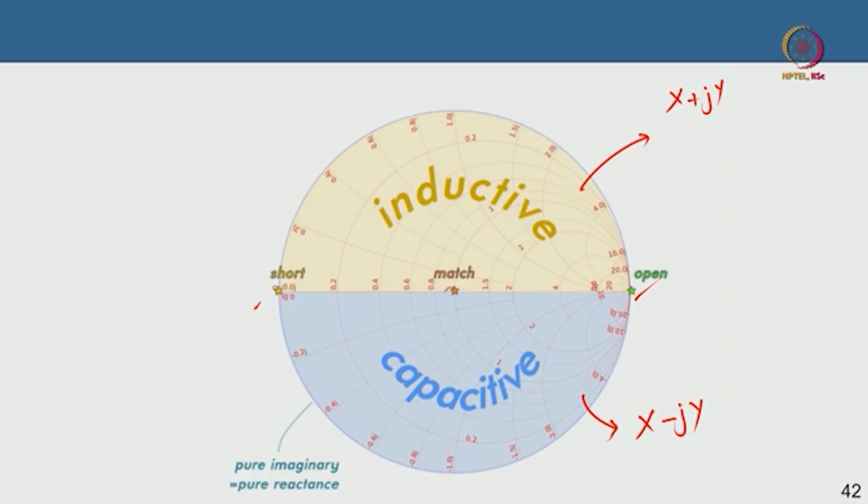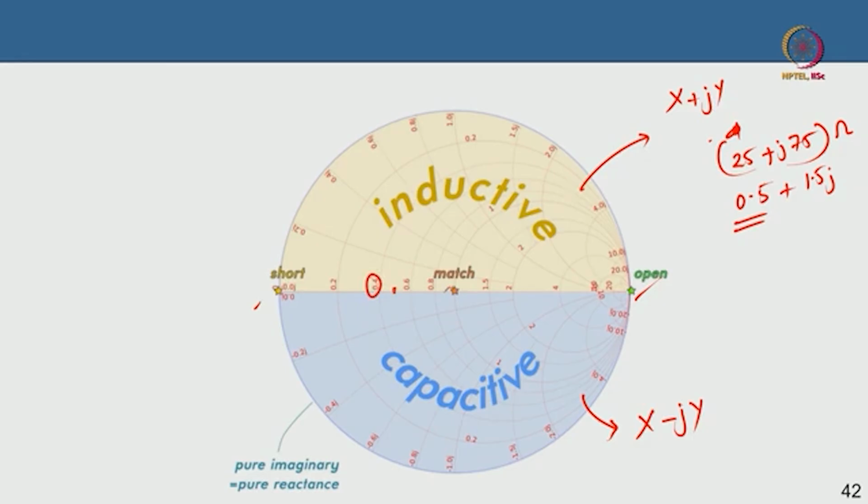And the way you read a Smith chart is that, suppose I have any impedance, maybe 25 plus j 75 ohm divided by 50, that is your 0.5 plus 1.5 j, correct. So on the x-axis, on the primary axis, you go 0.5, which is this is 0.4, this is 0.6, so 0.5 will be somewhere here.